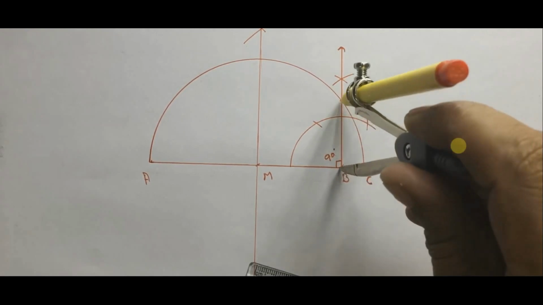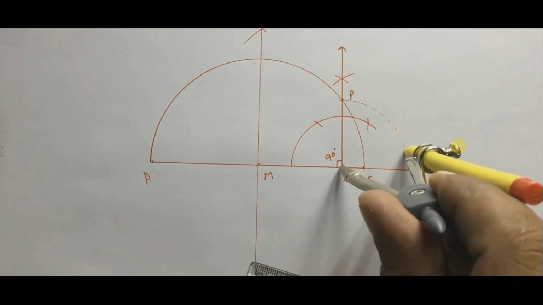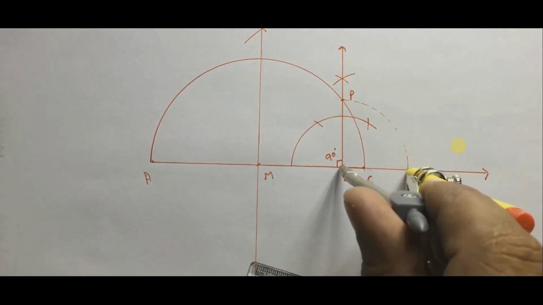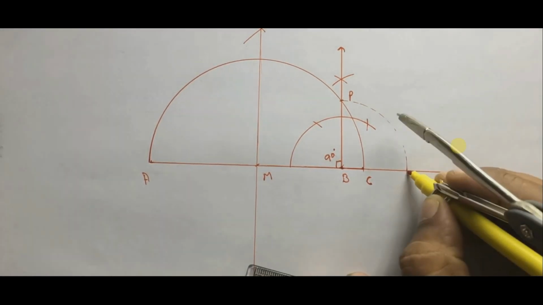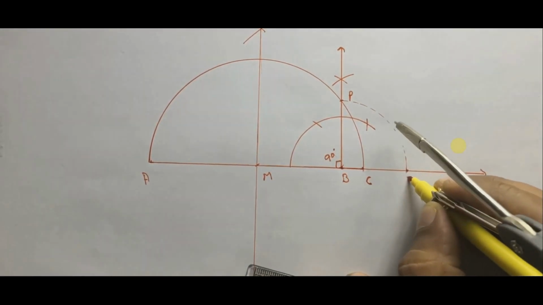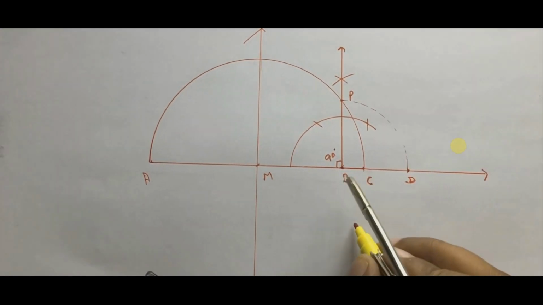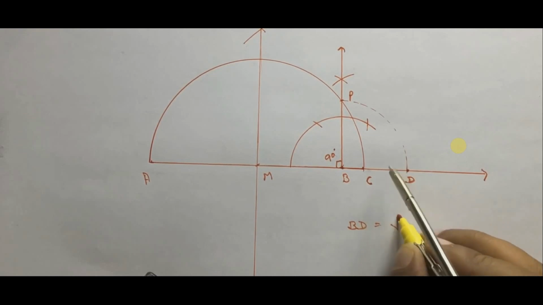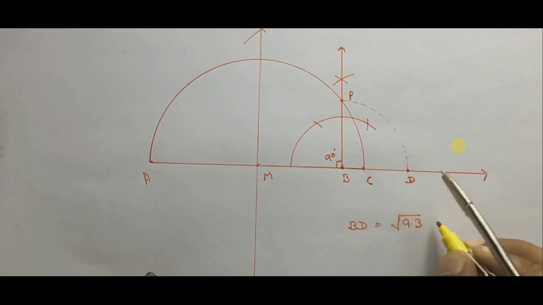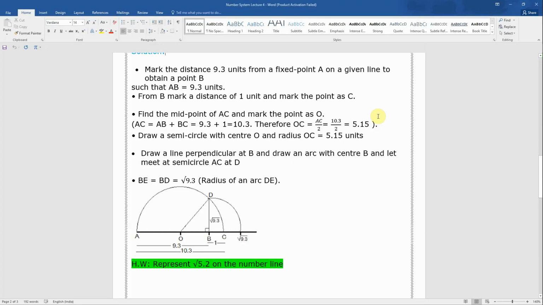Take that length BP as the arc, and making B as the center, we have to draw another arc on the extended line. So this arc is intersecting at the point D. This new line BD will have the length of square root of 9.3 centimeter.